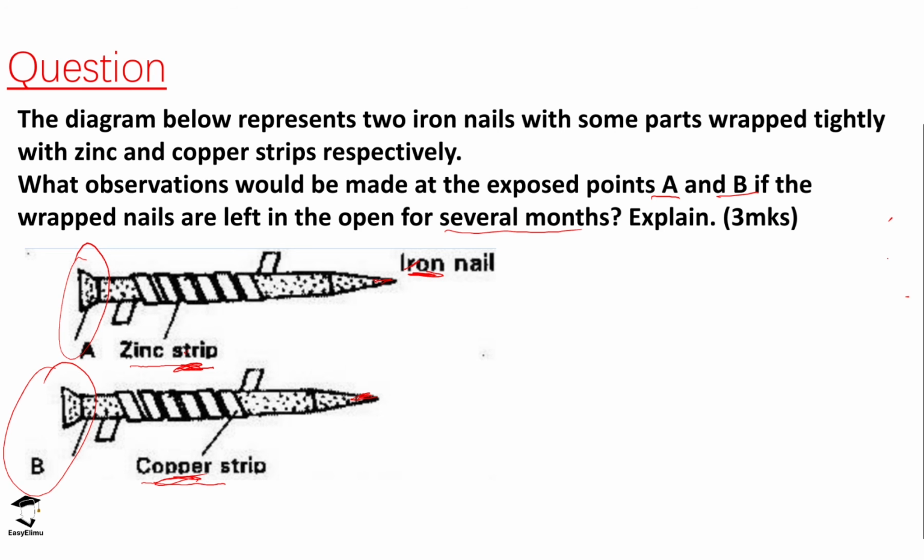So one of the observations is that in B there will be a brown coating, and in A there will be no brown coating. The reason there is no coating in A is that zinc is more reactive than iron, and in B copper is less reactive than iron, so iron is going to rust on behalf of the copper.